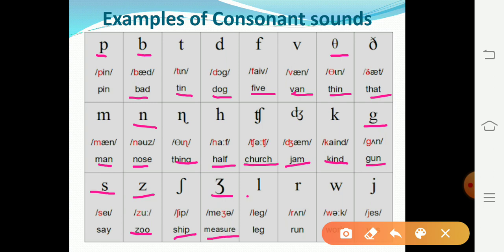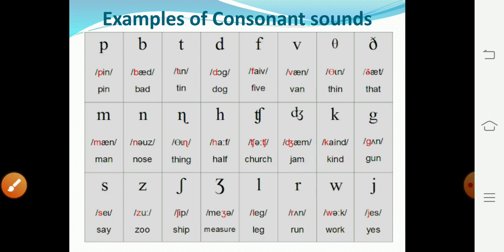The next sound is l, as in the word leg. R, as in the word run. W, as in the word work. And the last sound is y, as in the word yes.